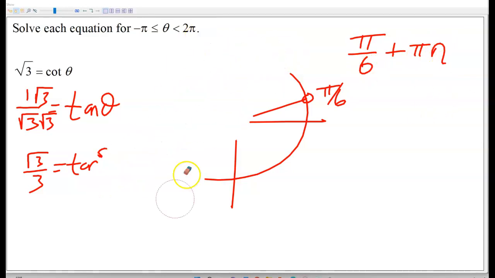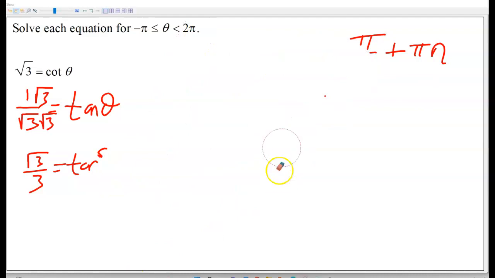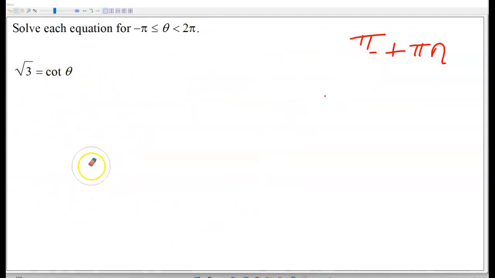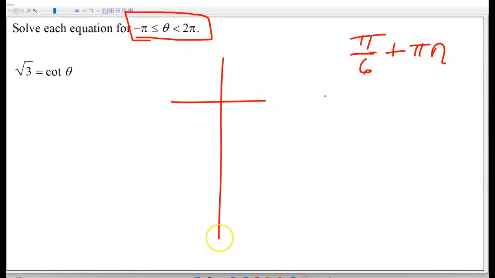And now we want to generate some answers that are between negative pi and positive 2 pi. All right, so let's begin. I'm going to plug in 0 for n, and that will just leave me with pi over 6. What if I plug in 1?